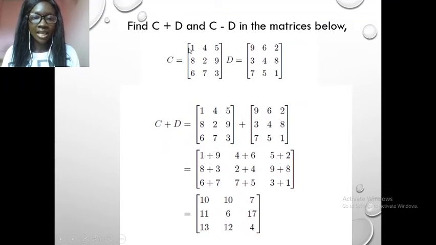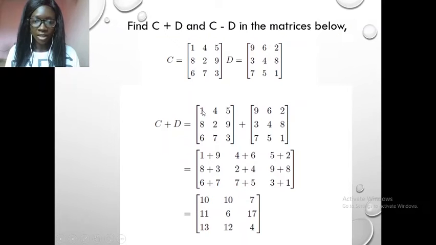This is matrix C, and this is matrix D. We are going to add these 2 matrices together, and the question says we are going to subtract also. Find C plus D and C minus D. We're going to take it step by step.